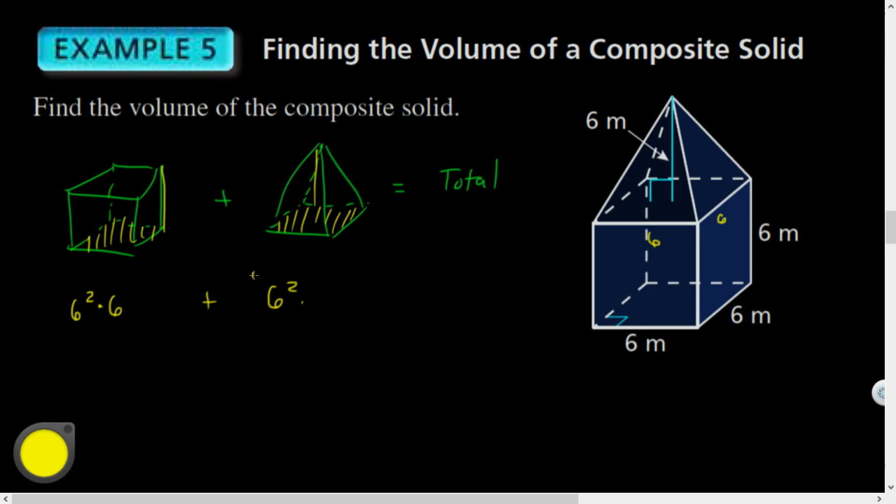So 1/3 multiplied by 6 squared multiplied by the height, which is 6. So let's see, 6 cubed is 216. All right. Plus 1/3 of 216.